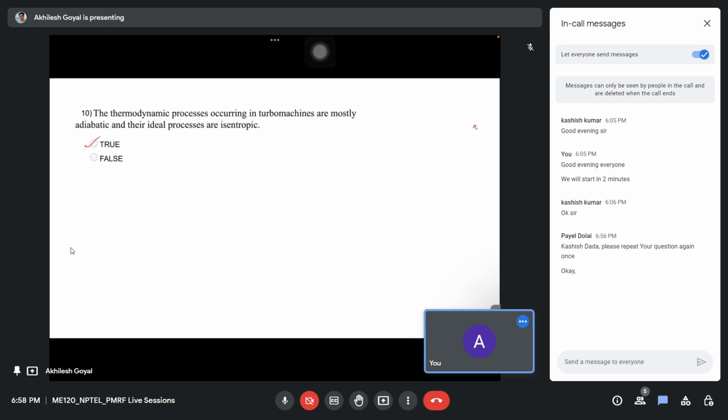The main purpose of our turbojet engine is to get the thrust, the propulsion, and that is only possible because of the high velocity jet coming out of the engine. So outlet velocity is always higher in the case of propulsion engines, right? Okay, sir. Thank you.